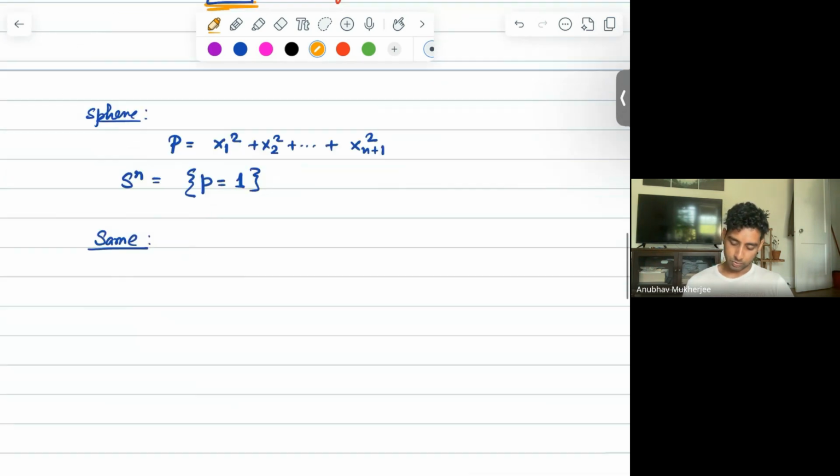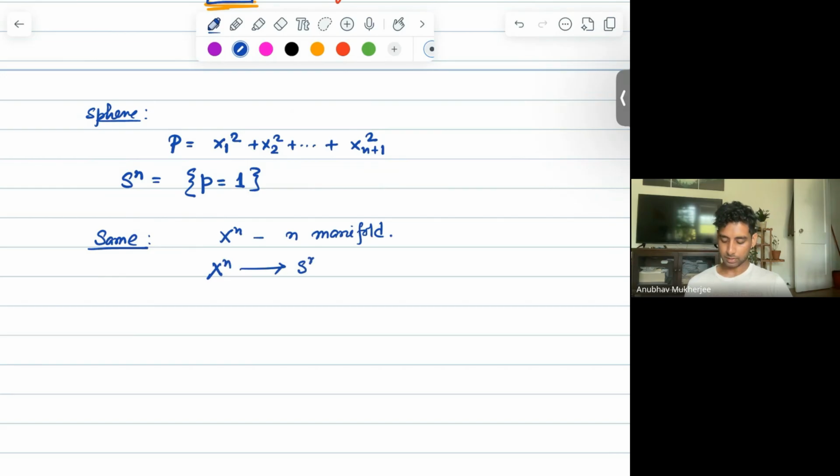Now let's define the idea of same. Let's say Xn is an n-manifold. We'll say that this is same as a sphere if there is a map from X to Sn, let's call it F, such that F is continuous.